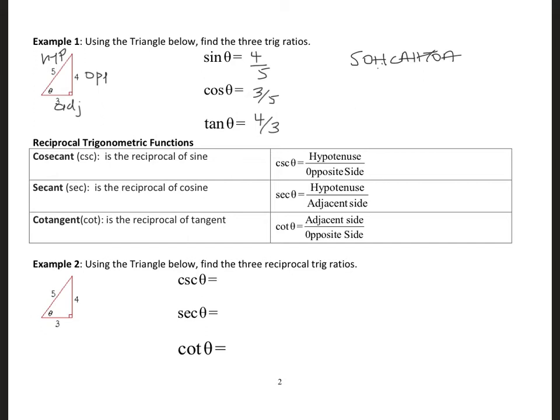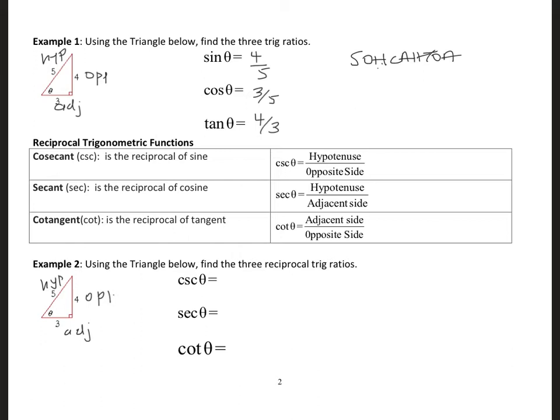Now let's find these ratios using the same triangle. Again, we can name the sides: opposite, adjacent, and hypotenuse.